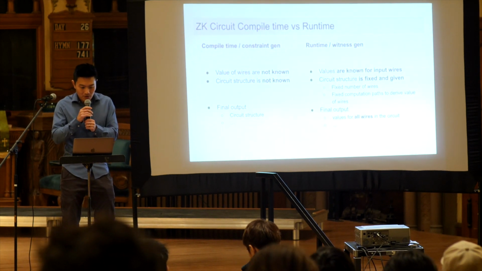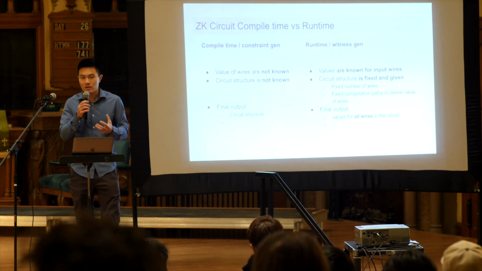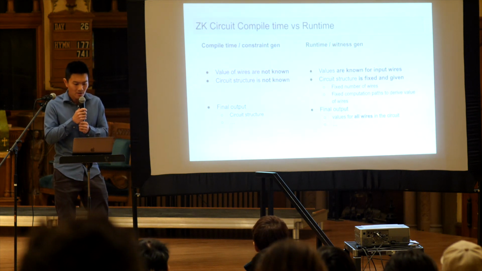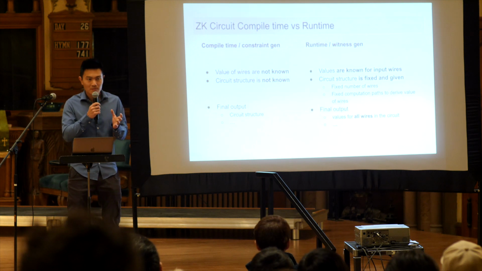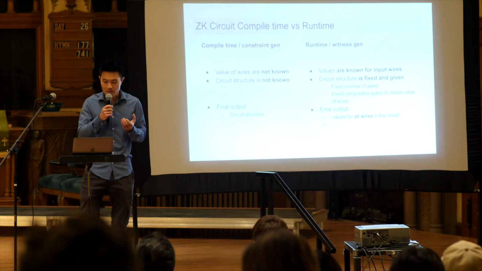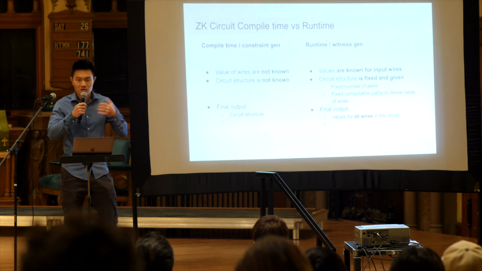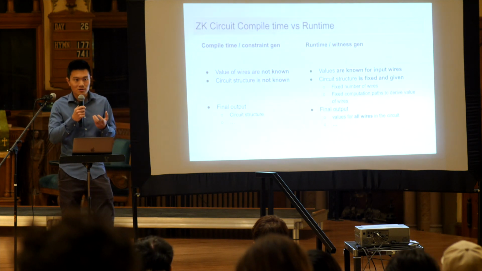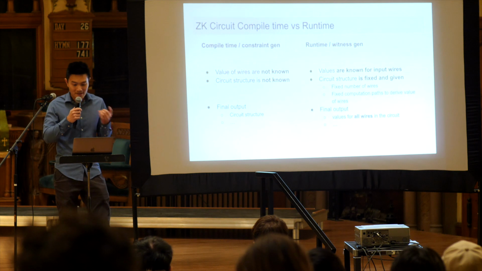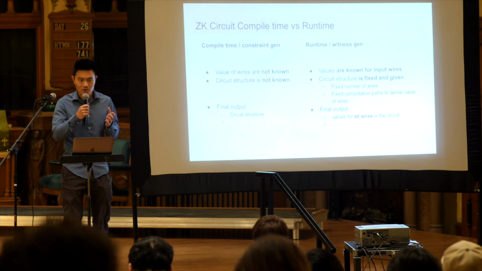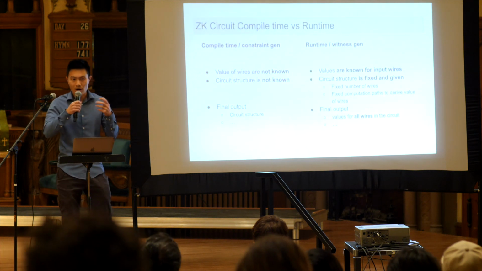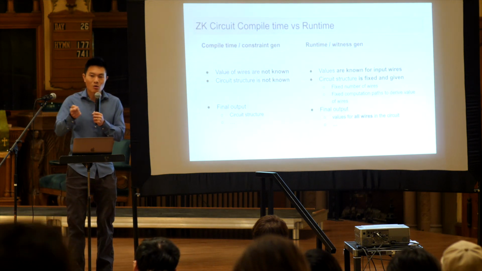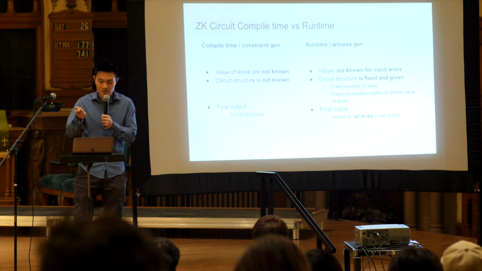A little more on the difference between constraint generation and witness generation. At compile time, when you're given a Circom program, the values of these input signals or wires are not known, and the circuit structure is also not known. What you want to give at the end is the actual circuit structure and how you wire these wires together, but also how you would derive some values of wires from other ones.